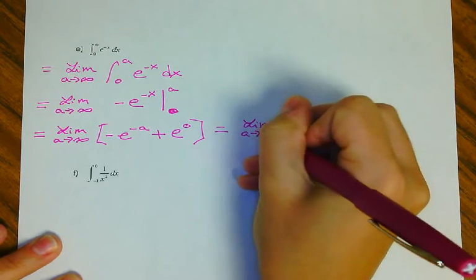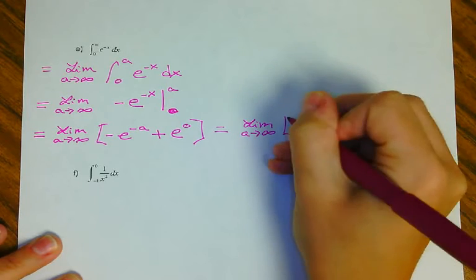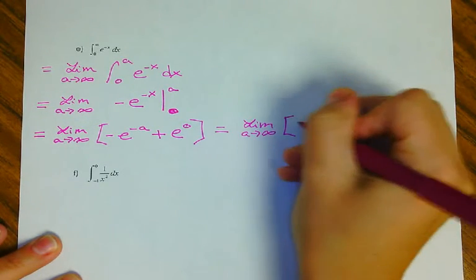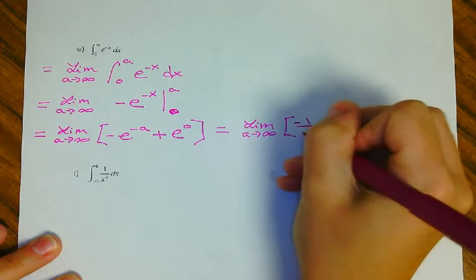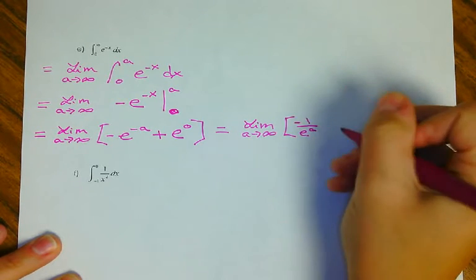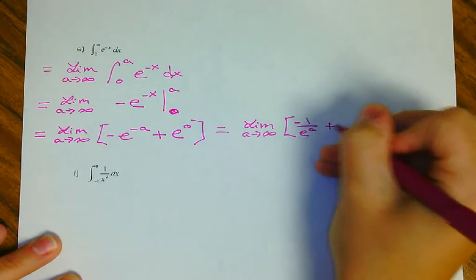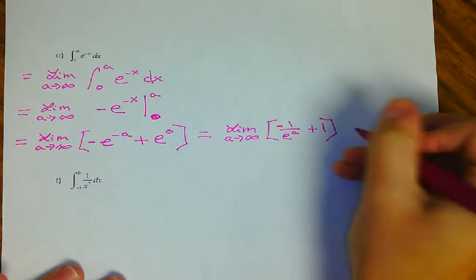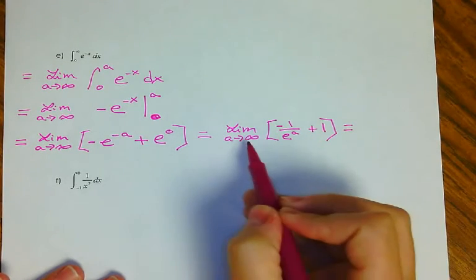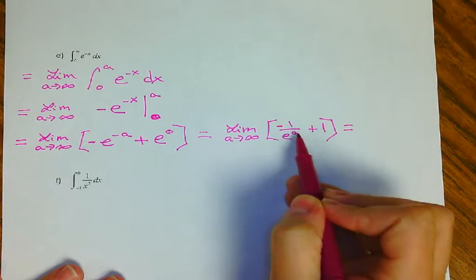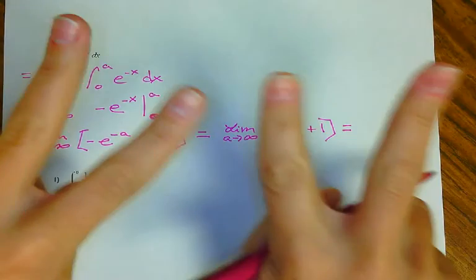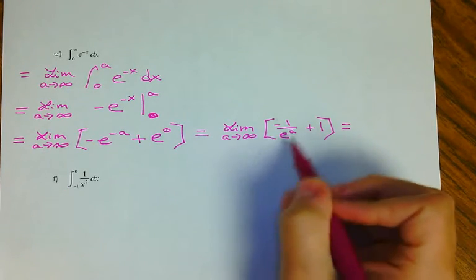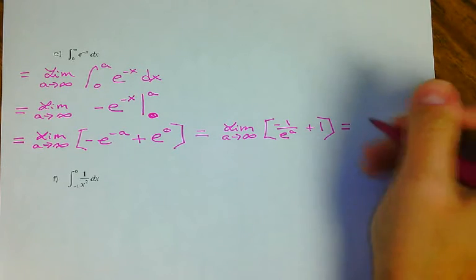I know you're sick of writing that limit a million times. But I'm going to say that negative e to the negative a is the same thing as negative 1 over e to the a. And then anything to the 0 is 1. So I'm just going to put that in there. Okay, now I'll take my limit. I just took that moment because it's easier for me to see when I plug in infinity, and again, I'm plugging the infinity in there, that this piece here is going to go to 0.